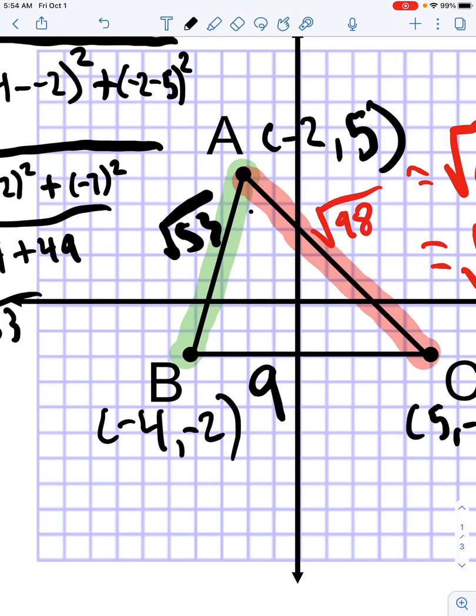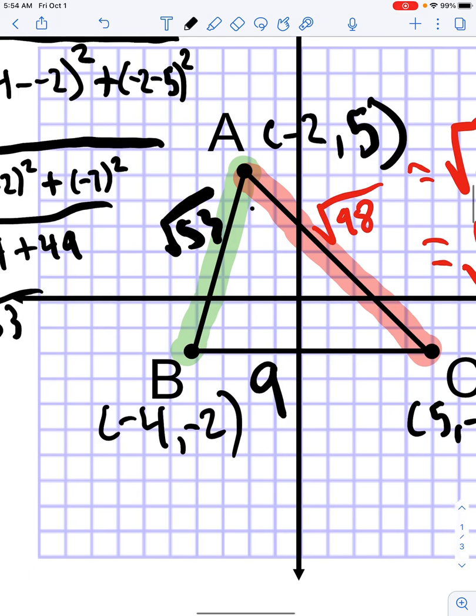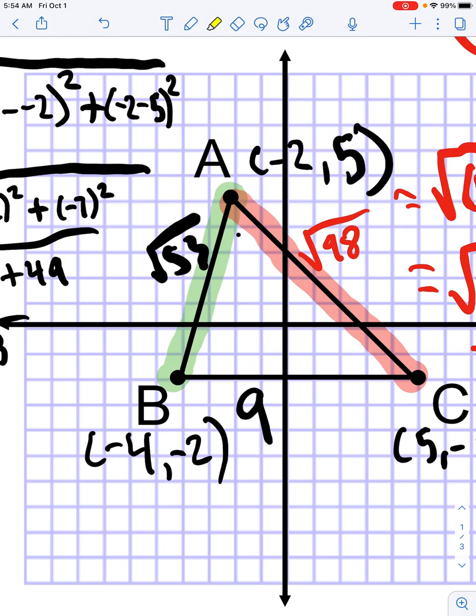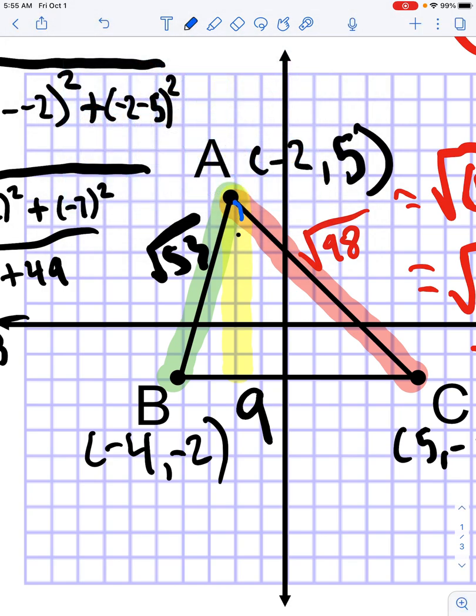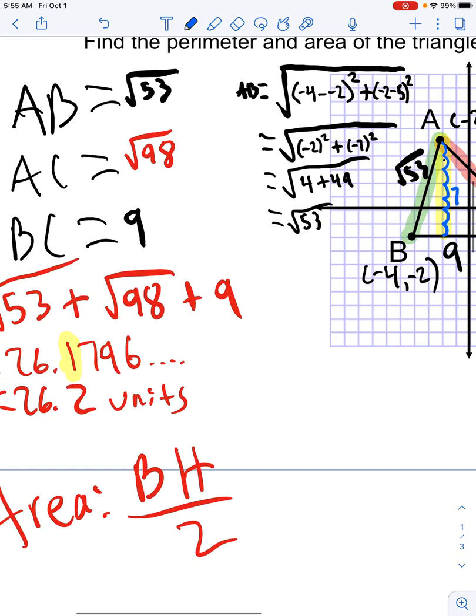Now, in order to find the height, I can see that my height has to be perpendicular. It has to come to a 90-degree angle with my base. And I can see that going from A down into my base. I can count that: 1, 2, 3, 4, 5, 6, 7. So my height is 7.